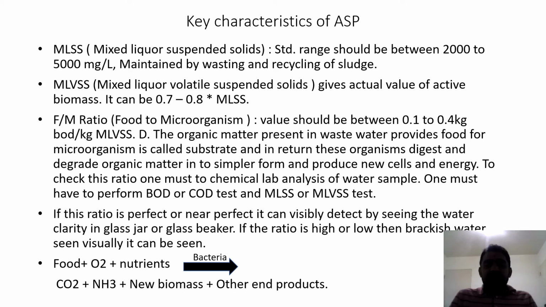What is the main process of the activated sludge process that I have shown in the slide? The food, which is present in the form of wastewater. Oxygen is present in the activated sludge process, and the bacteria can use this food and oxygen and convert the organic contaminant into carbon dioxide, ammonia, and multiply themselves, generating new biomass and another end product.